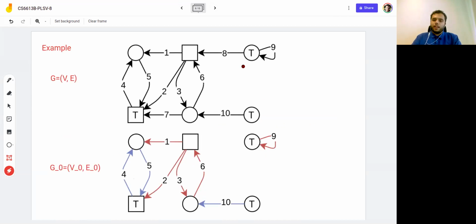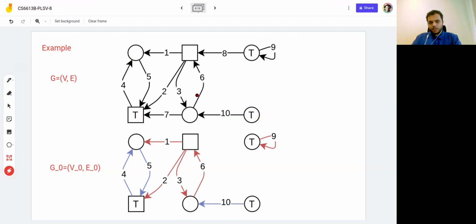So, okay, if you look at this vertex, it has an out degree of 1. So according to the first rule, all of its outgoing edges should be put in G0, and I have put edge number 10 here. The same thing happens to these two vertices because they have an out degree of 1, and all of their edges remain.